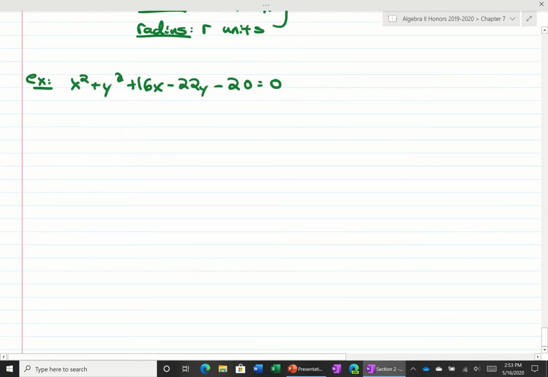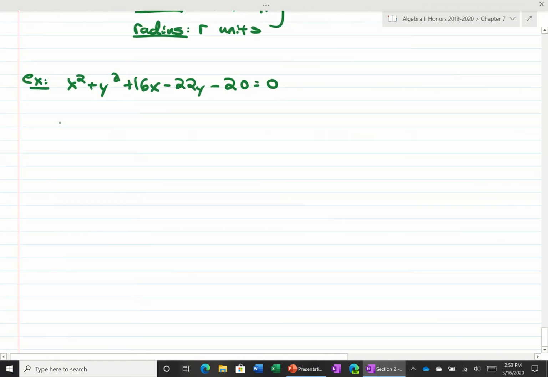The directions are going to be to find the center and the radius. So let's get the x's by themselves. We'll get the y's by themselves. We can factor out a 1 here. We could factor out a 1 here.